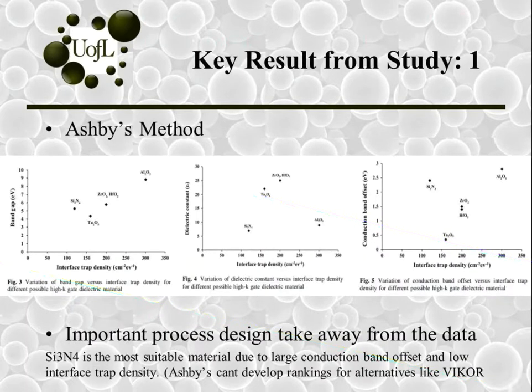Key result from study number 1. Ashby's method is something we've used in class. It takes one property on the y-axis and compares it on the x-axis, and you see where the materials fall. The only problem with Ashby's is it can provide the best material, but it can't really make a subsequent list of alternatives.